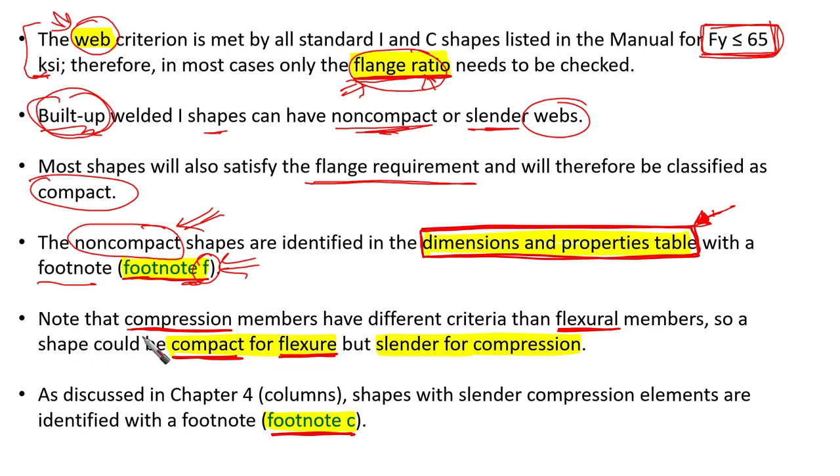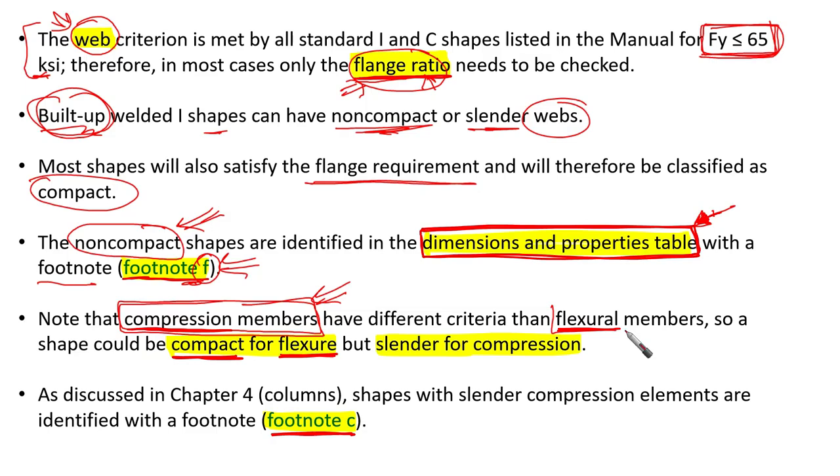Note that compression members have different criteria than flexural members, because in the previous chapter we were talking about compression members, and I mentioned that some shapes might be slender, for example, but this is for compression members.